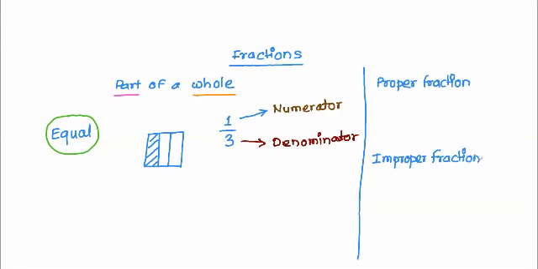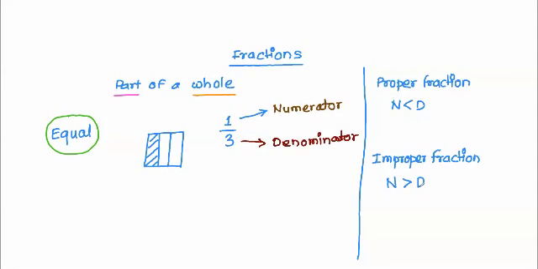Whenever the numerator is smaller than the denominator, so the upper part of your fraction is smaller than the lower part, we call it a proper fraction. When the numerator is greater than the denominator, it's called an improper fraction.